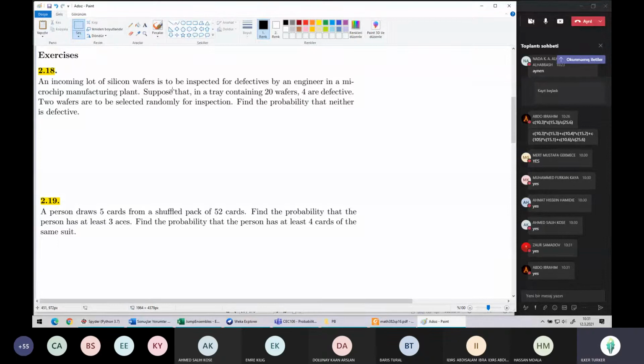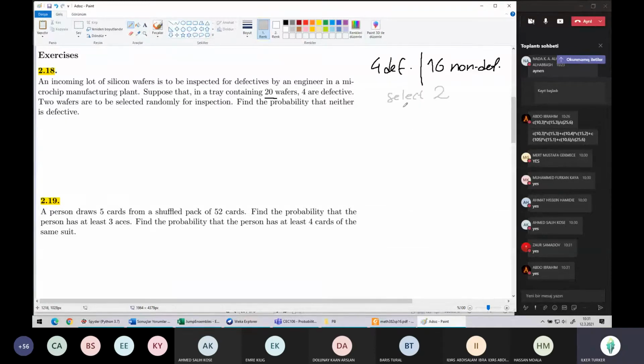Suppose that in a tray containing 20 wafers, 4 are defective. Yes, we have 4 defective among how many? 20. So 16 are non-defective. Yes. 2 wafers are to be selected randomly for inspection. So we select 2 of them.